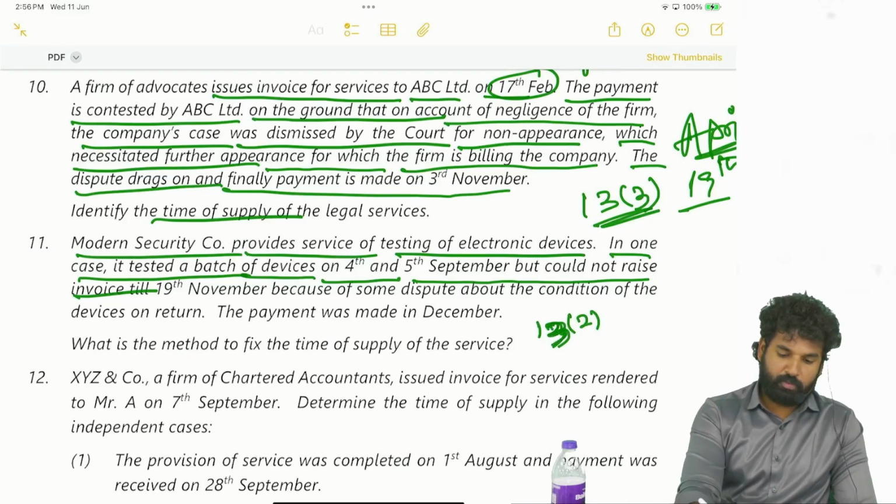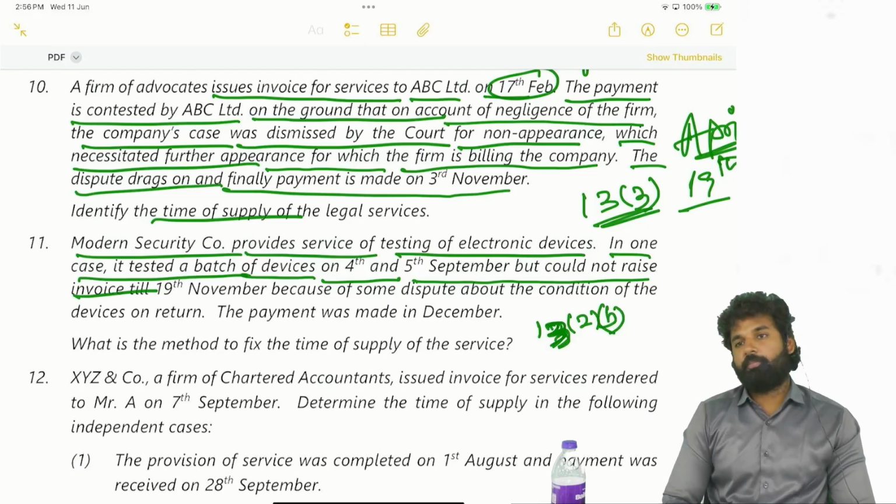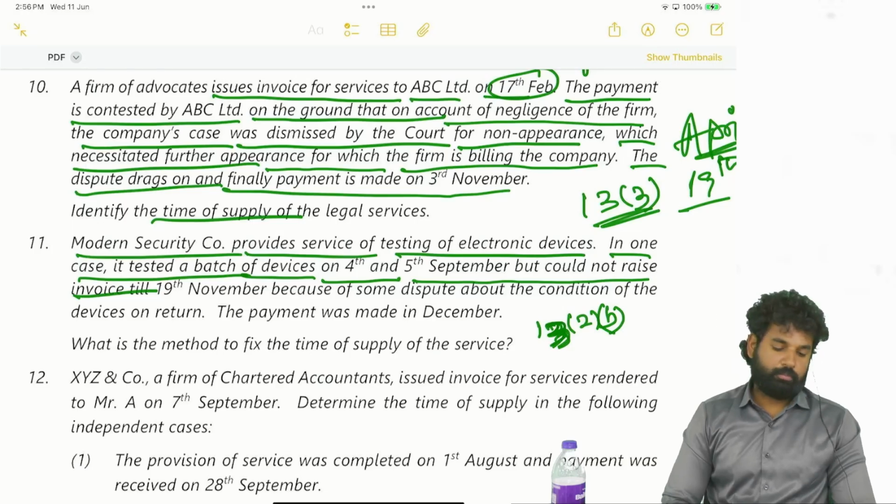What is the invoice issued within time? Not issued within time. That's why clause A, clause B. Clause B will come. 13(2) clause B.